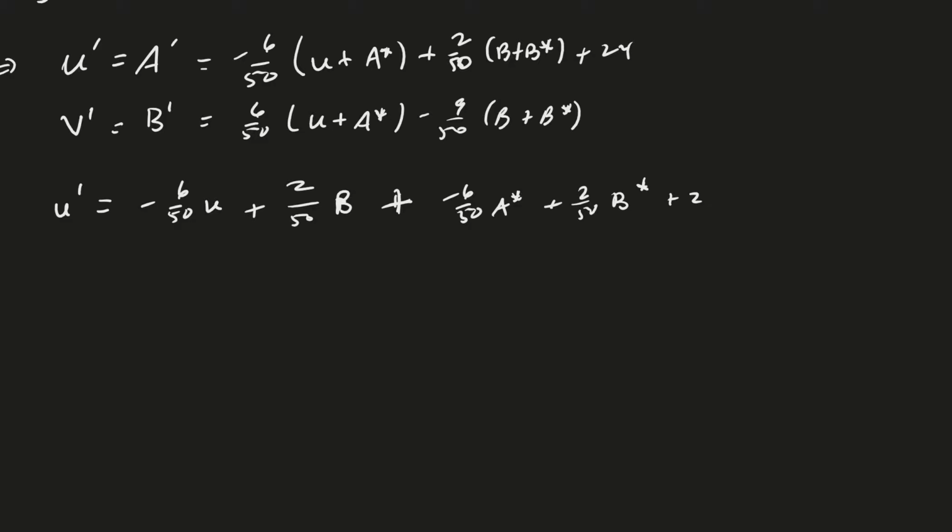And I wrote 25 for some unknown reason. And then v prime, it's getting late. I'll see if I can make it through here without making too many errors. 6 over 50 u, I'm already making them, minus 9 over 50 times v, because I want to rewrite these just the way I did here before, plus 6 over 50 times a star minus 9 over 50 times b star plus 0.